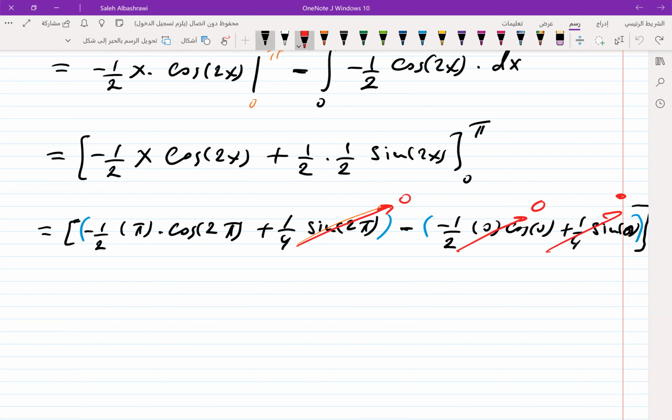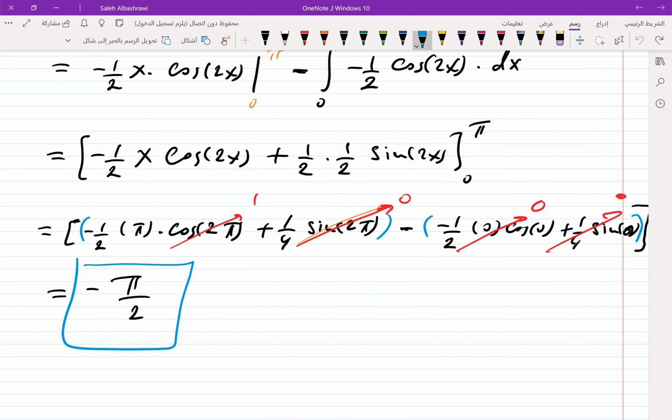So the answer is minus pi over 2. So the value is equal to minus pi over 2. We applied integration by parts to find the value of the integration.